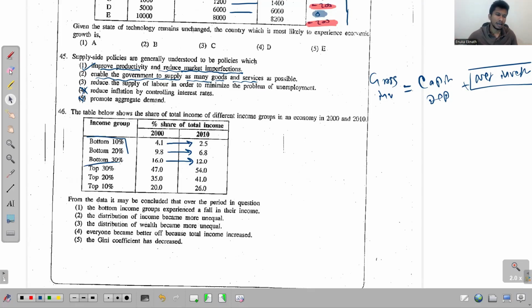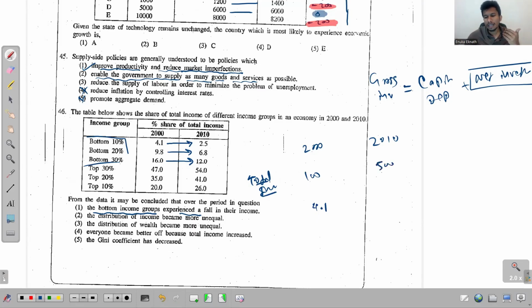හරි. එහෙනම් we will read the given options. The bottom income groups experienced a fall in their income. Not really. අර මම කිව්වේ මට වැරදුනා කියලා. ඒ කියන්නේ හිතන්නකෝ දැන් in year 2000 the total income of the country. Let's say the total income in the country is 100. If you select the bottom 10%, they received rupees 4.1 as their income. But we don't know what has happened to the total income in the country in year 2010.